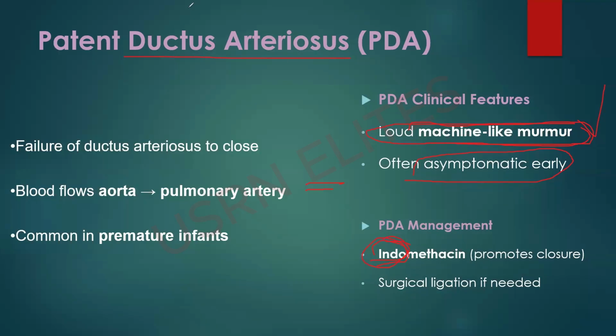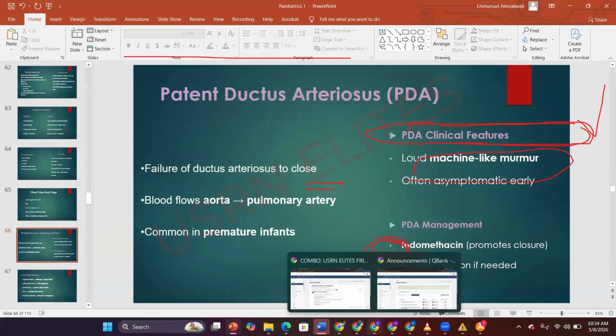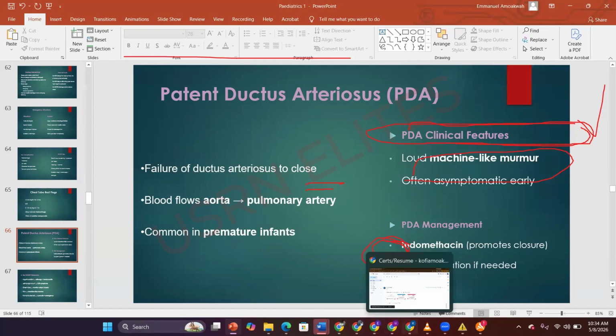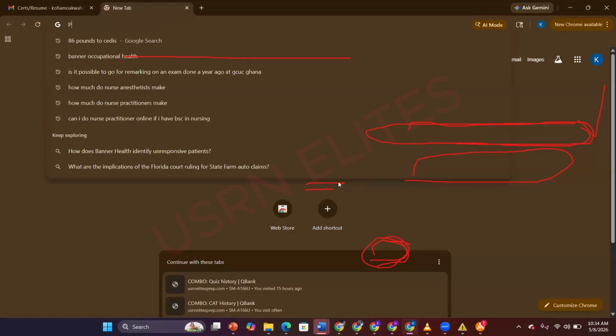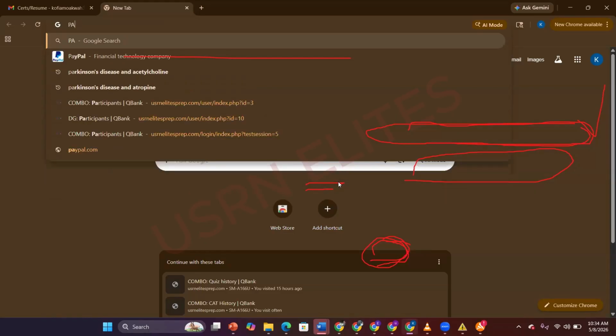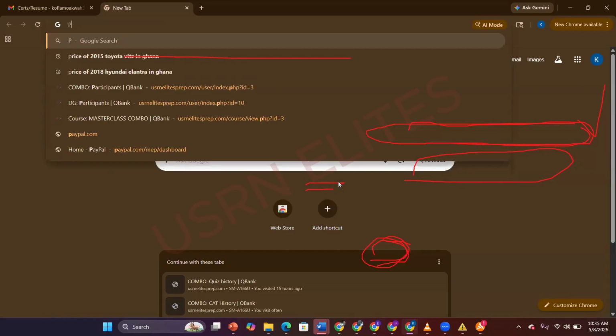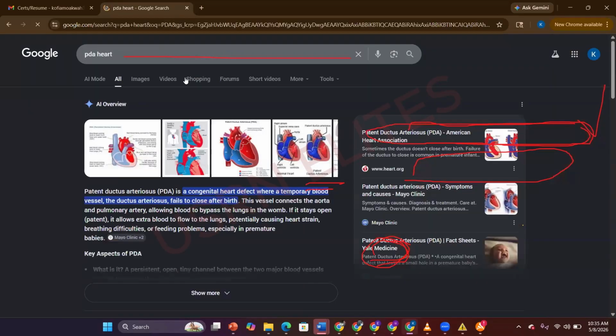Let me show you this diagram, so that you can see the ductus arteriosus.